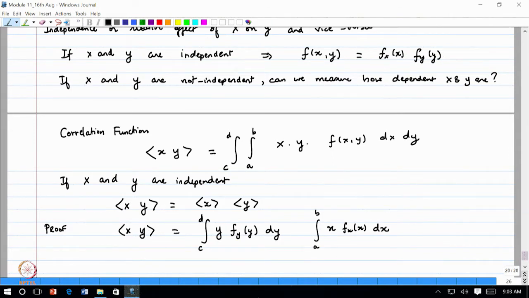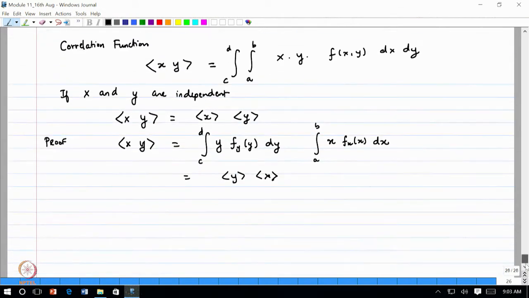So, if they are independent, this is average value of y times average value of x. Okay. So, if they are independent, it is this.